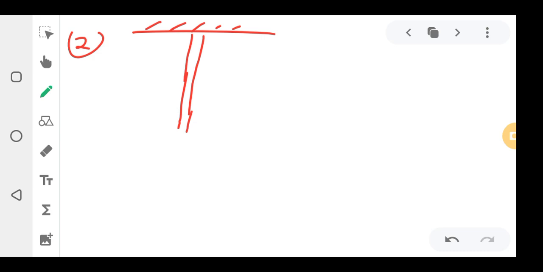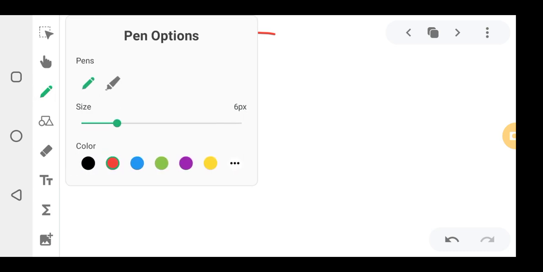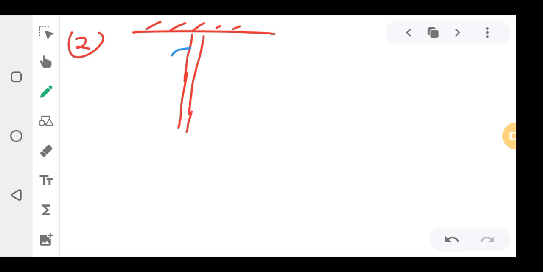We'll draw the first. It has got the first pulley here. That's the first pulley, and then it has got a second pulley here. Of course, there's nothing there.